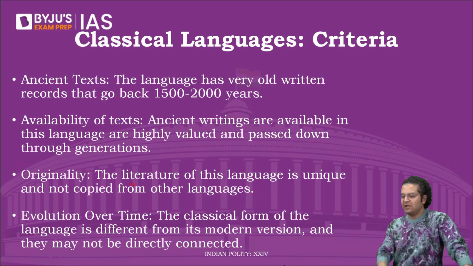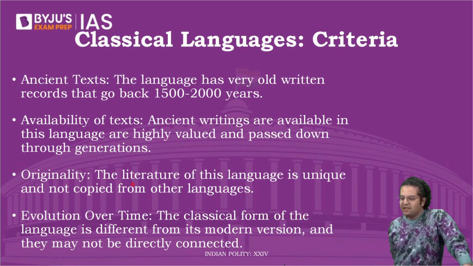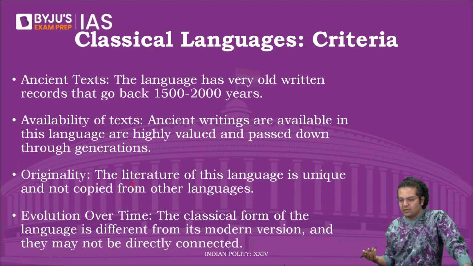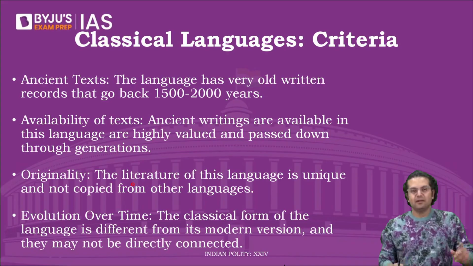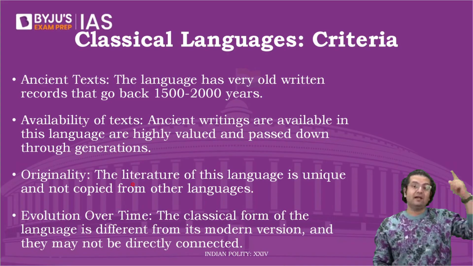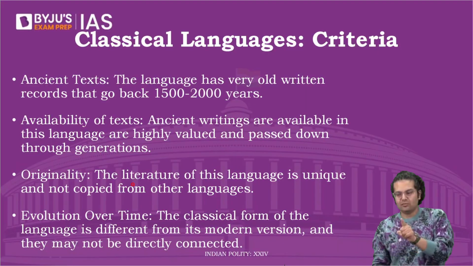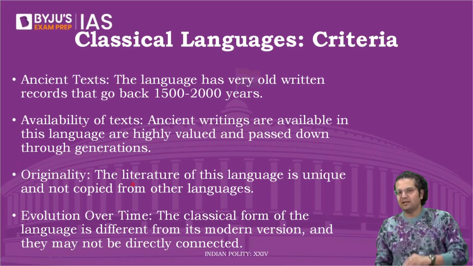I'll give you a simple example. When it comes to English, have you seen Shakespeare's Victorian English? Thou, hath it, all these difficult words which you did not understand. The old or classical English is different from modern English. Even the Britishers don't speak like that.